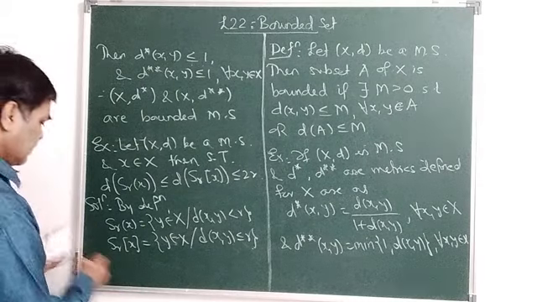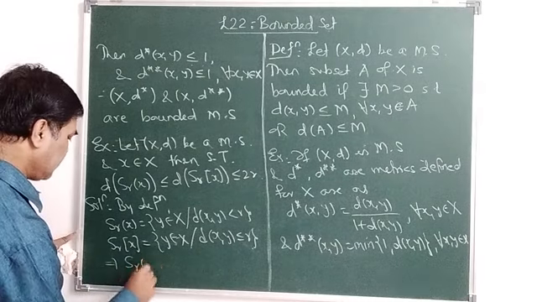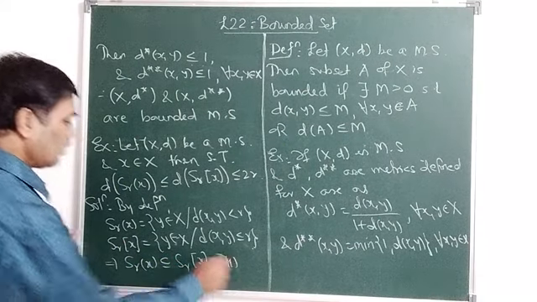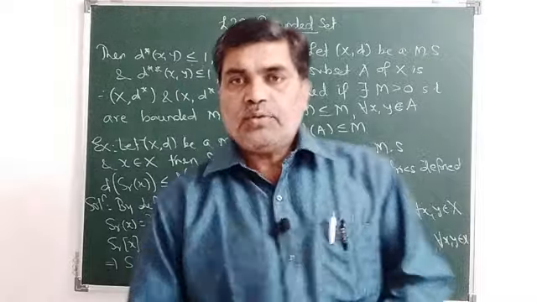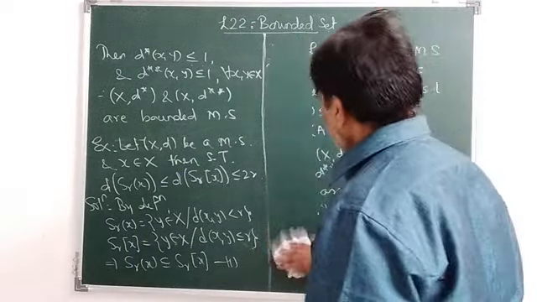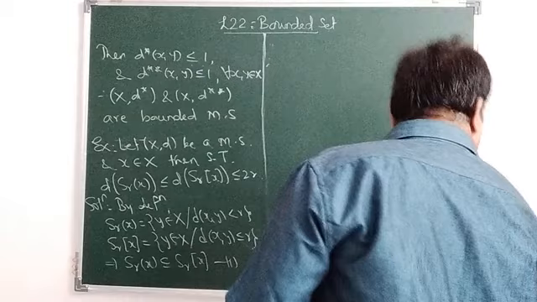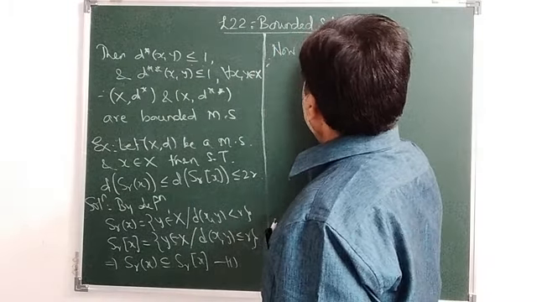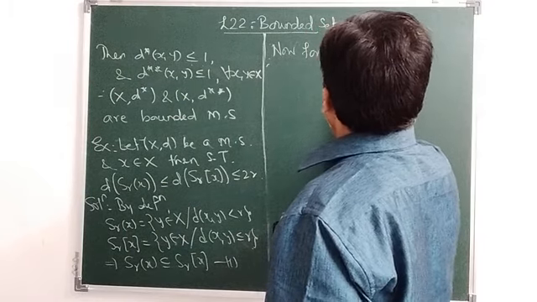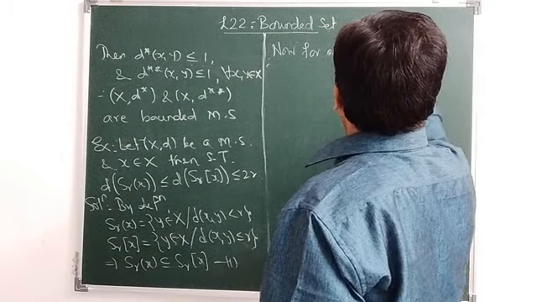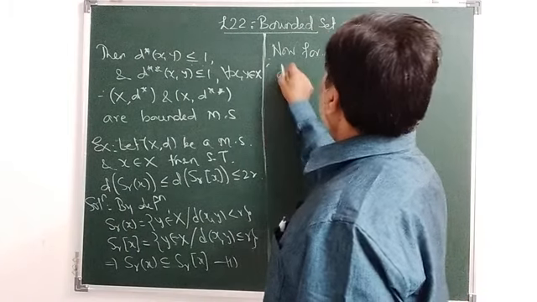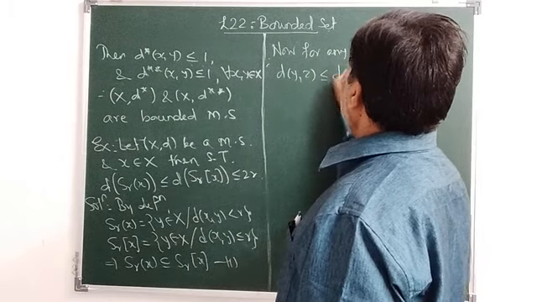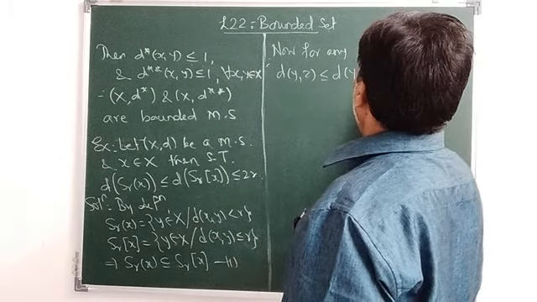This implies the open sphere S_r(x) is a subset of the closed sphere. (1) Now for any y, z belonging to the closed sphere S_r[x], d(y, z) is written, by triangle inequality, as less than or equal to d(y, x) plus d(x, z).